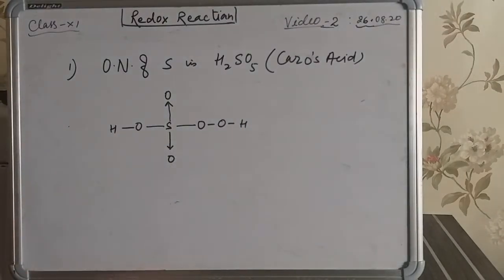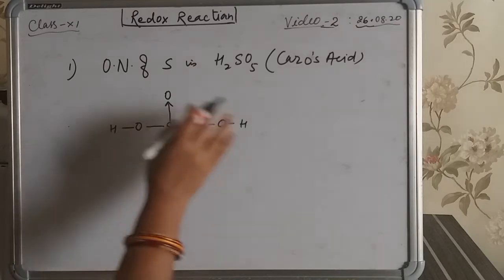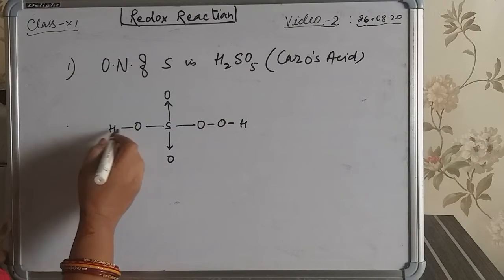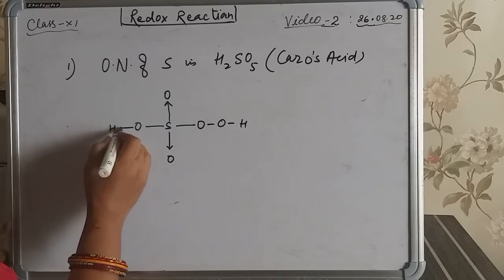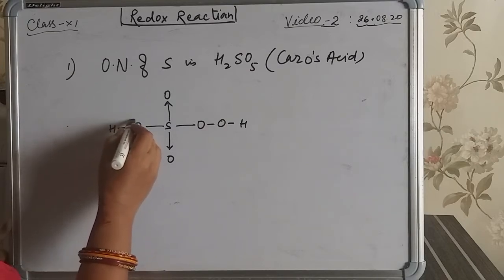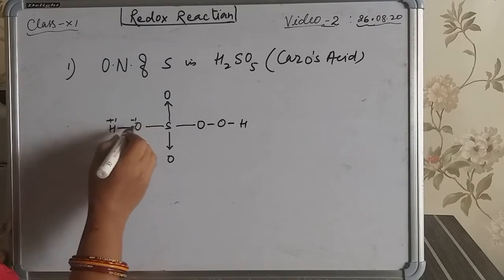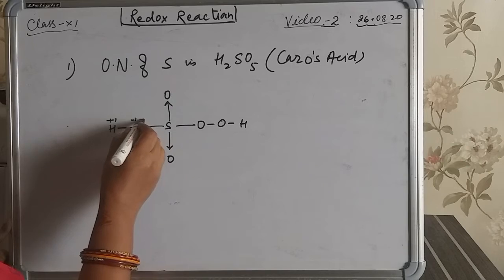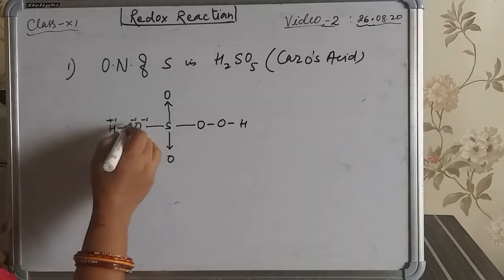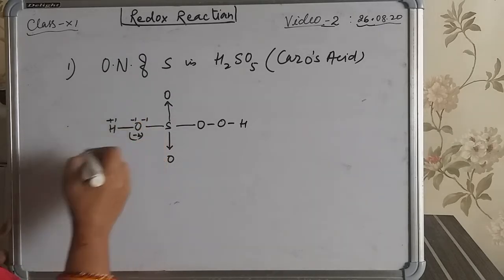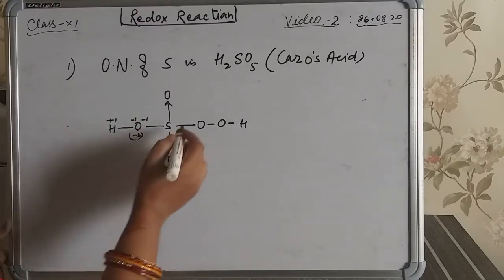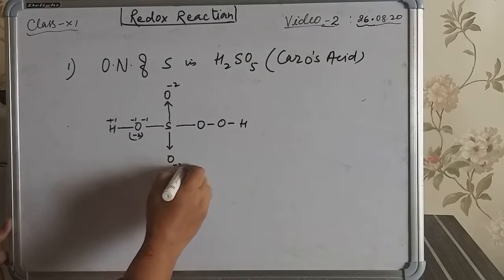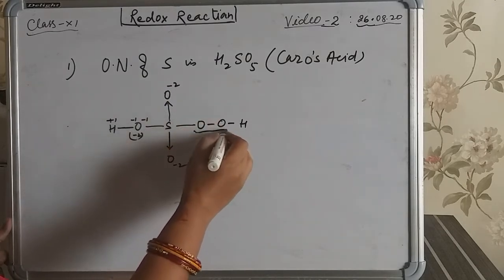So find out the oxidation number present on the particular species. As we know, oxygen is more electronegative than hydrogen, so here is -1, here is +1. And this is also more electronegative than sulfur, so here is also -1. So total -2 assigned here, -1, -1. In that way you can calculate, and here is -2, here is -2, and this is the peroxide.